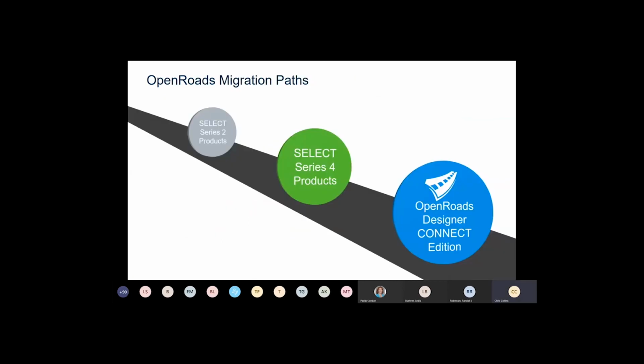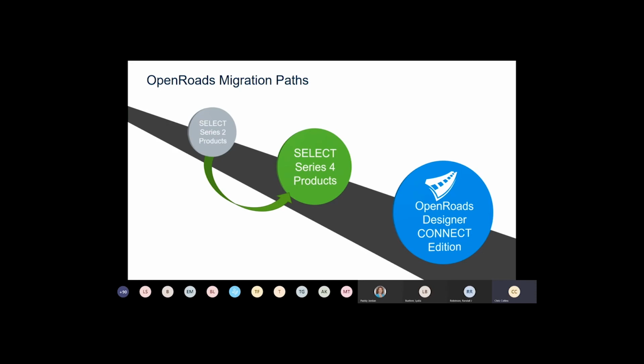So just to give you an idea of these paths, this is essentially the migration path. Some people were on Select Series 2 products, some people on Select Series 4 products, and everybody was trying to get to OpenRoads Designer. There were a couple options here. Lots of agencies went from Select Series 2 to Select Series 4, which was a jump because there was a lot of new technology there.